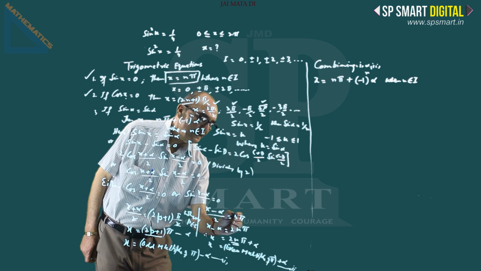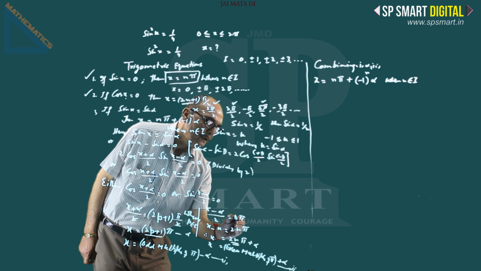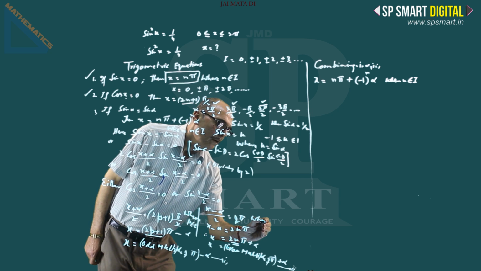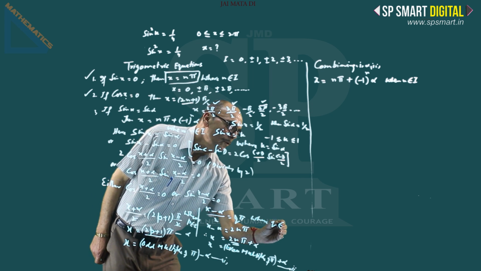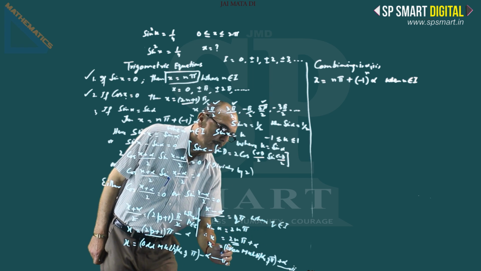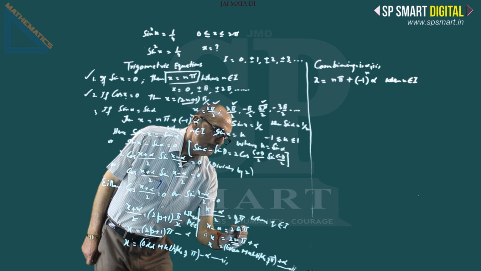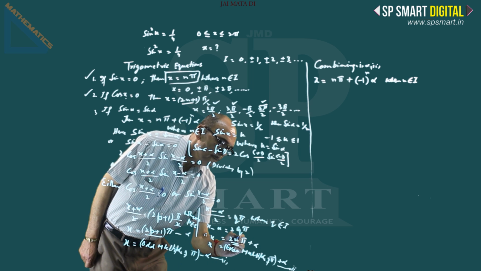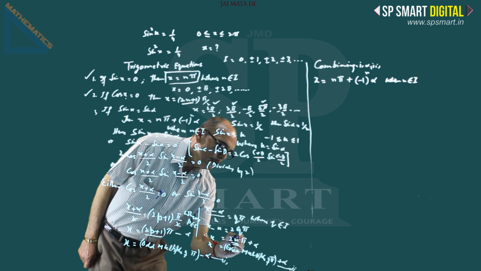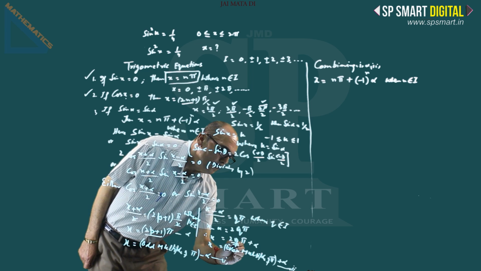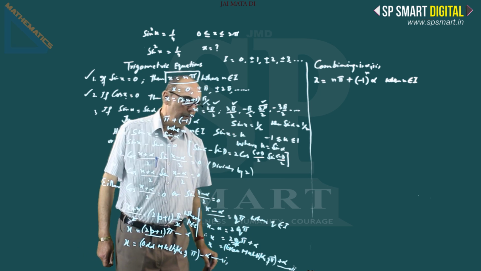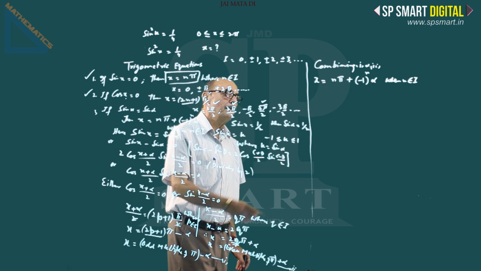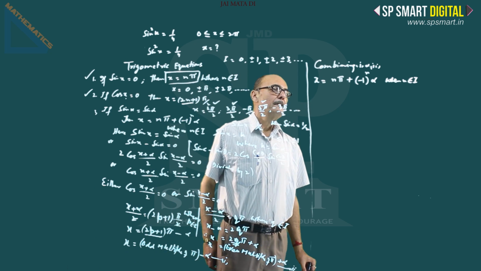Here you can take the letter as q pi, where q belongs to the set of integers. This is 2q pi, this is 2q pi plus alpha, and when you combine first and second you can use the letter n.